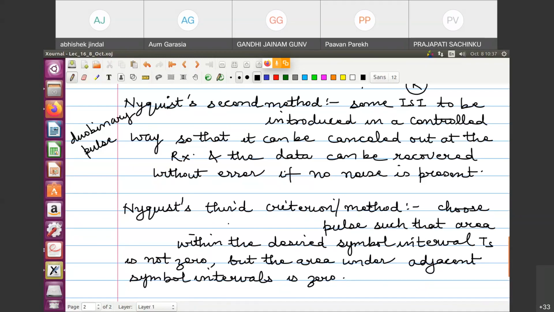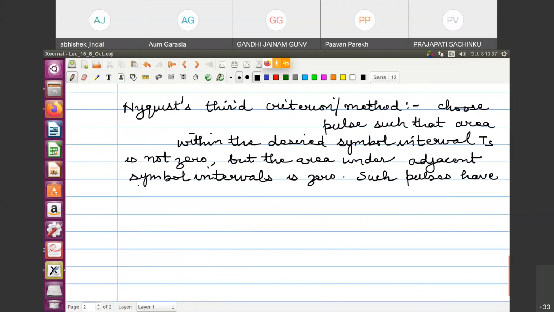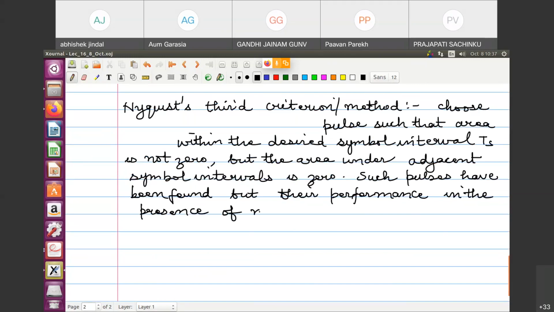Okay. Now the problem with the third criteria is such pulses have been found, but their performance in the presence of noise is inferior.